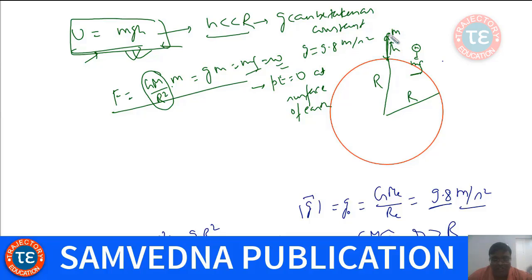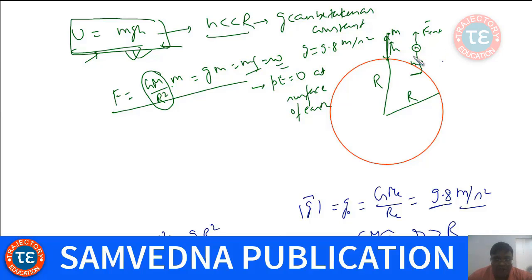So when U is taken to be 0 on the earth's surface, then we find potential energy when the body is at height h as equal to work done in bringing the body of mass m from this point to this point, such that the body is never accelerated. So when you bring the body from this point to this point, the body experiences a force of mg in the downward direction. Then the external force you must apply should be equal to this mg. So you are applying force mg in order to lift it.